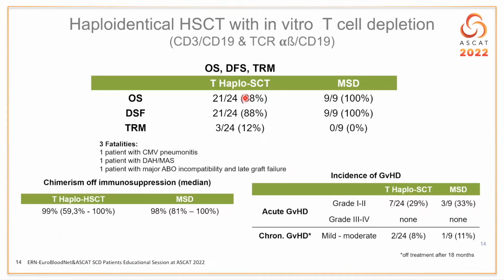We have 24 patients out of 24 that have a full engraftment, that have a complete donor chimerism with a very low incidence of immunological complications after the transplant, and can be considered as cured from the disease.